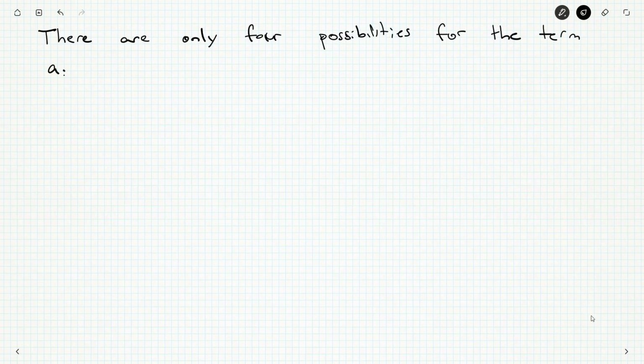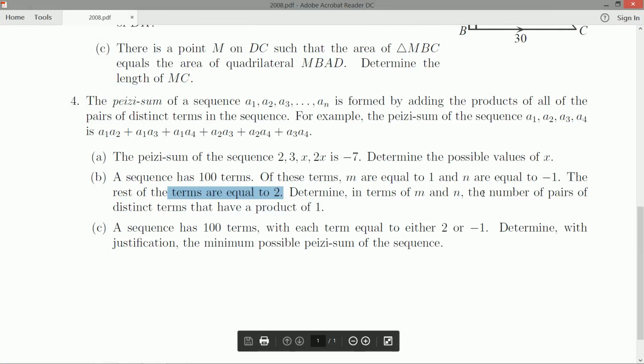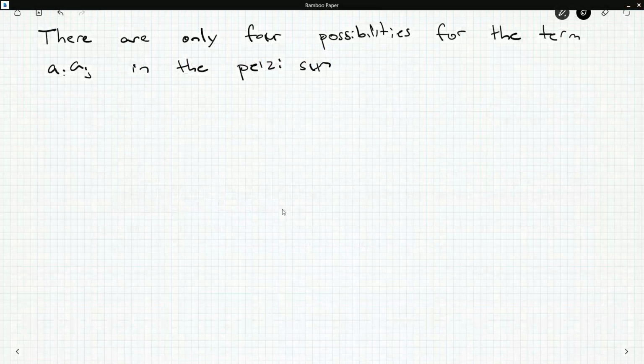For the terms a_i, a_j in the pairwise sum. Because these terms can only be 1's or negative 1's or 2's, products of them can only be certain things.